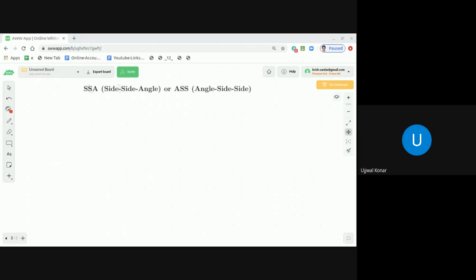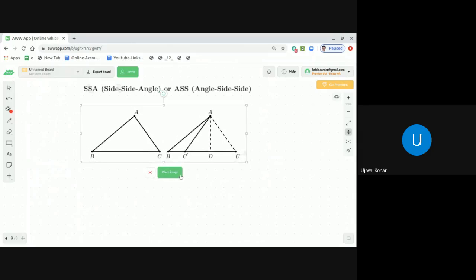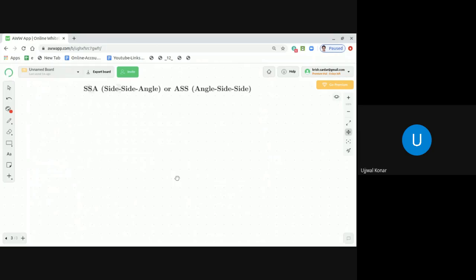Please concentrate on these two diagrams and listen to my explanation very thoroughly. It's very important. Not all books explain in this detail why under SSA or ASS you cannot always prove congruency. Look into these two triangles, dear students. One is ABC, and the same triangle I have written on the right-hand side, ABC.